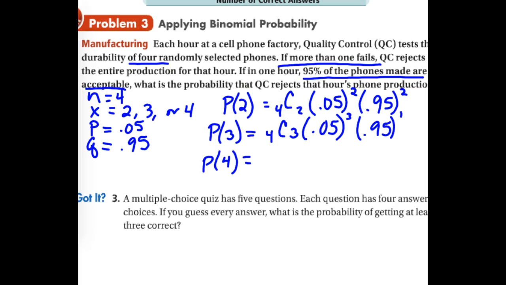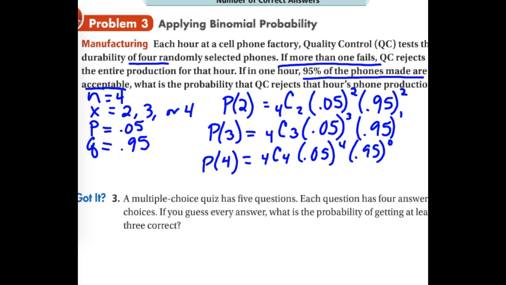And then for the fourth one, 4C4, 0.05 to the fourth, 0.95 to the 0. Okay, so I'm going to pause the recording. You guys go ahead and calculate those 3 answers.